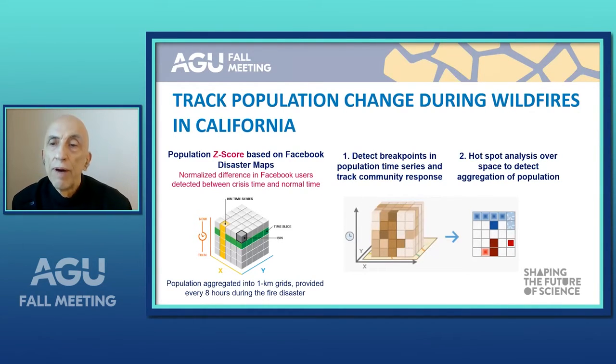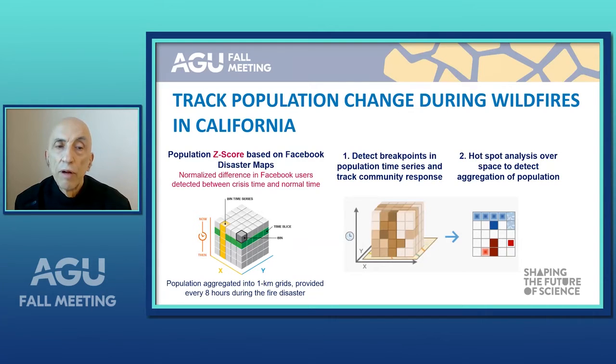We have here 3 panels. You see, on the left panel is a data cube that basically illustrates the population Z-score based on Facebook disaster maps. So the population is aggregated into 1 kilometer grids, which are provided every 8 hours during the fire disaster.